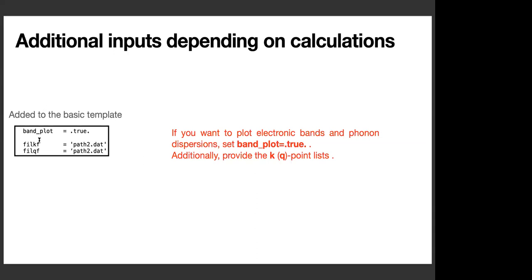For example, you need to set band plot true, and also you need to specify the k or q point list, and these data should be included in some additional files, and the names of these additional files should be specified by these PKF and PQF input keywords.